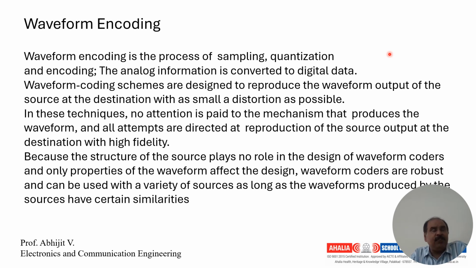So, in a nutshell, waveform encoding comprises conversion of an analog signal into a digital signal, which we are going to modulate and then transmit. This goes through three different processes. The first process is sampling, the second is quantization, and the third is encoding. Is that clear to all of you?